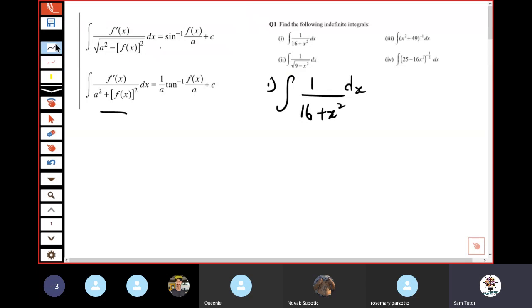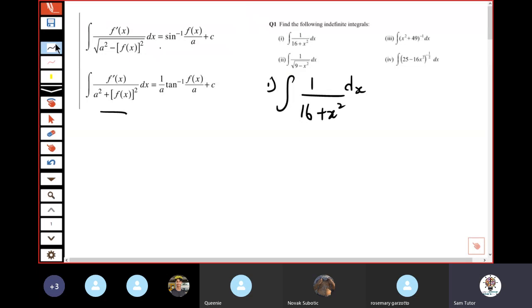Square root of 4 is 2, so it becomes half. Dx on x squared minus 9 over 4. Oh, that's out of the syllabus now. These log ones are out of the syllabus, so I've got to update that. Okay, I'll update that one.